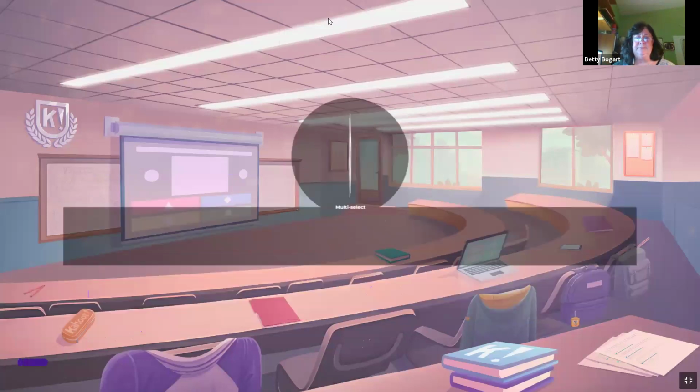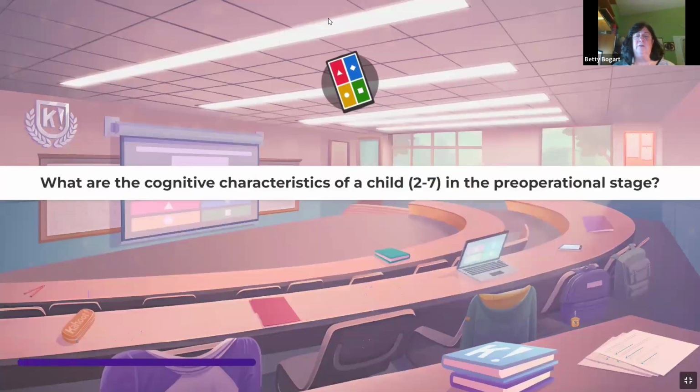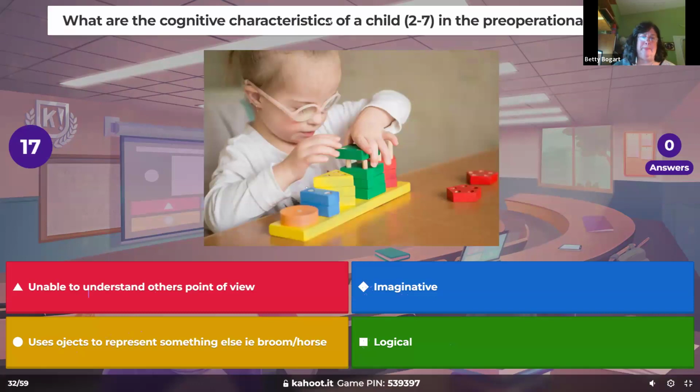What are cognitive characteristics of a child ages 2 to 7 in the pre-operational stage? It's part of your magical thinking here, is what the answer to this one is.